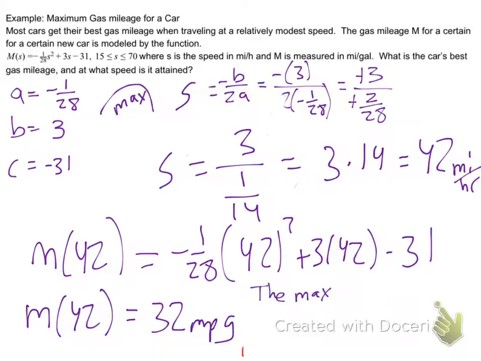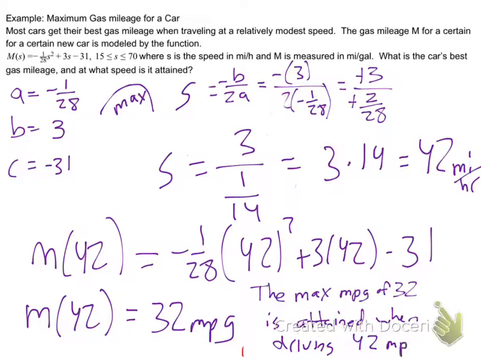The maximum miles per gallon, oh, not miles per hour, miles per gallon of 32 is attained when driving what? 42 miles per hour. Okay? Not so bad, is it?